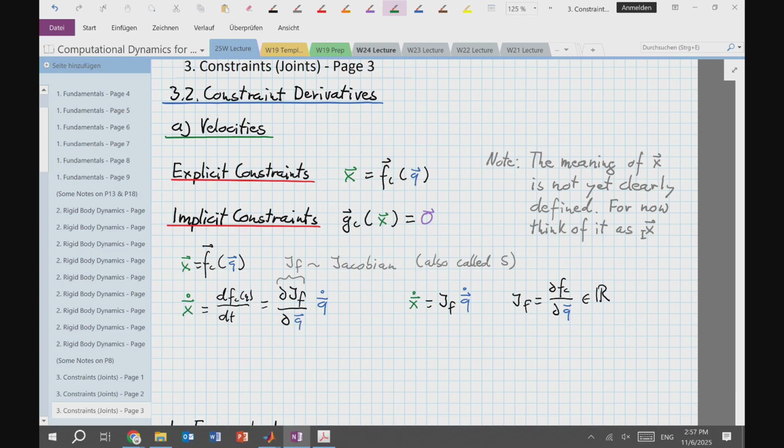So f is a function. How many elements are in this vector f? How many rows? Well, as many as we have x, right? So this has to be a matrix that has n_x rows. How many elements are in this vector q? Well, n_q. So this is an n_x times n_q matrix.